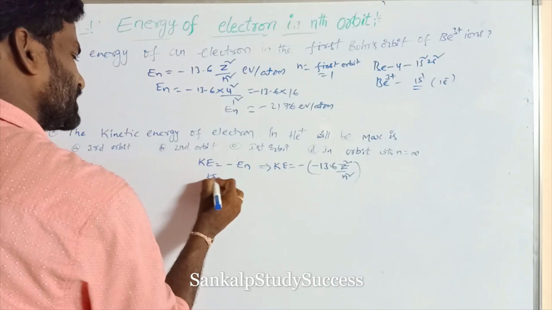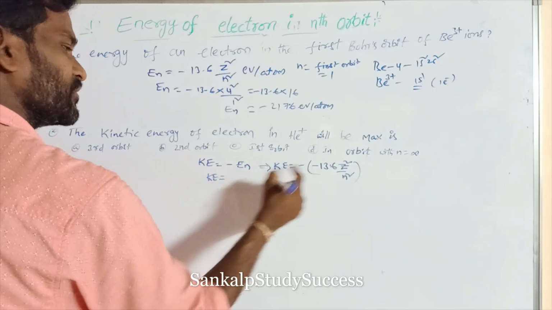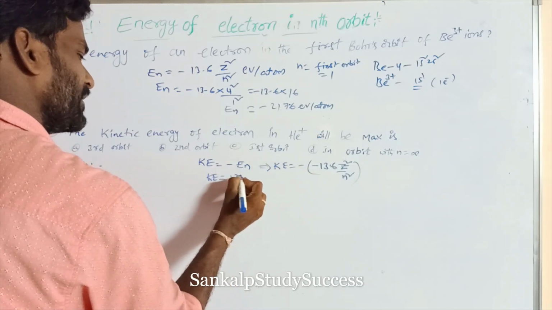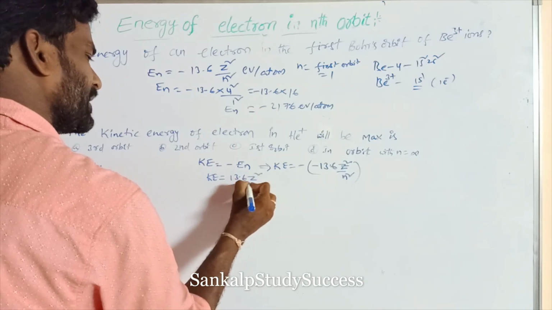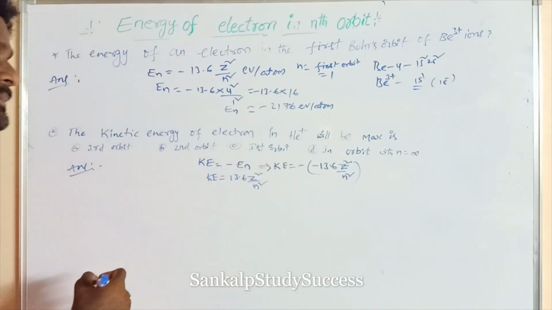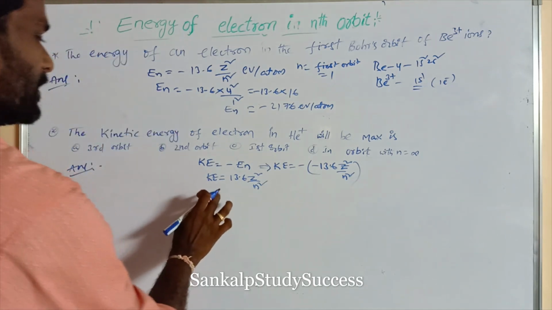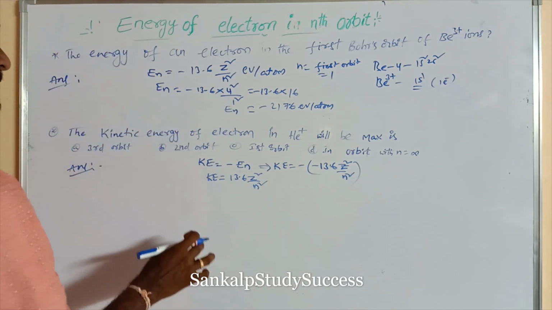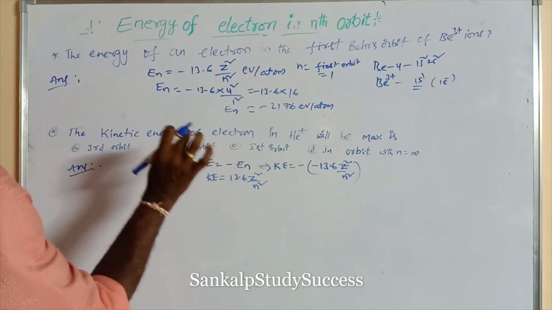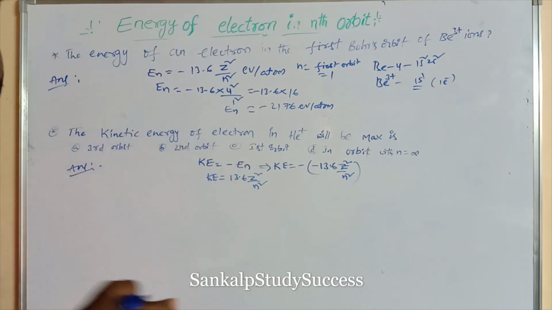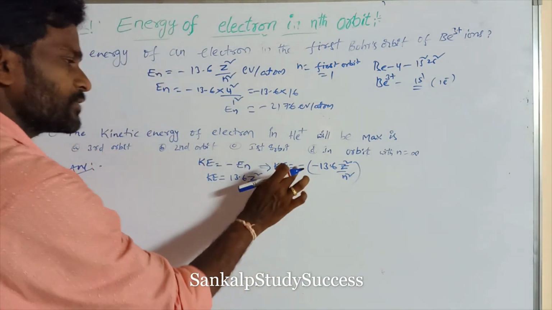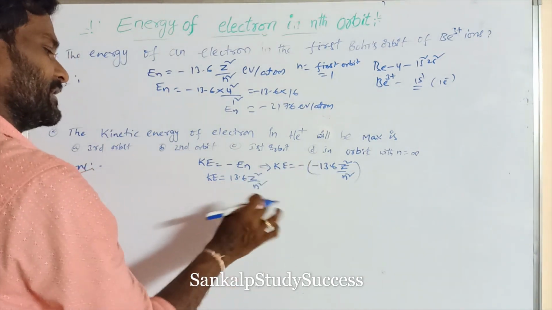So kinetic energy Ke is equal to minus into minus, plus 13.6 Z square by N square. This is the formula of kinetic energy.